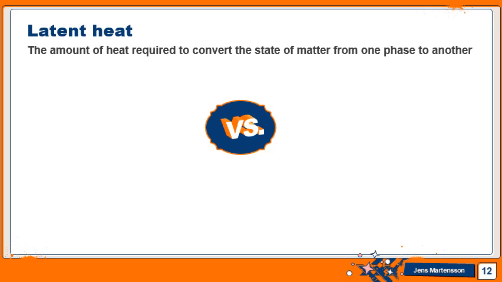That means it is used to convert one state of matter into another state, or from one phase to another phase, or from solid phase to liquid phase. That extra amount of heat energy which converts the state of matter from one phase to another is the latent heat. Understand?